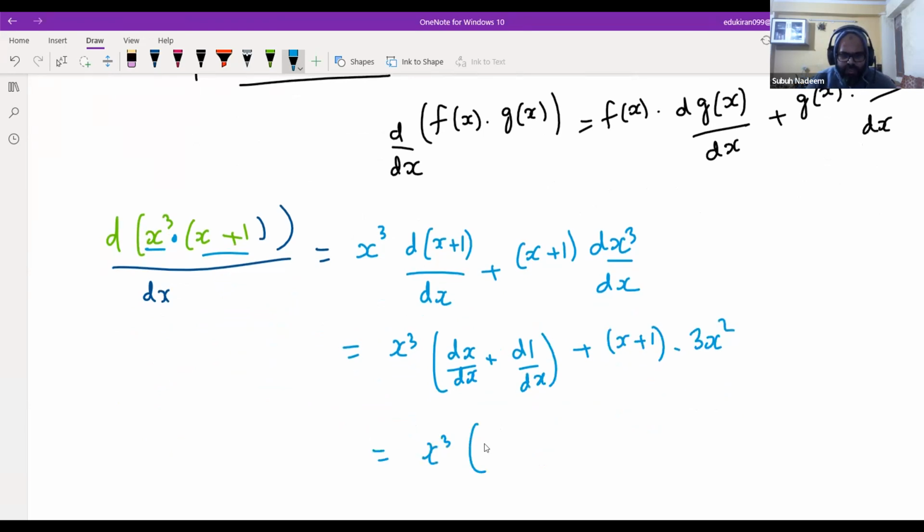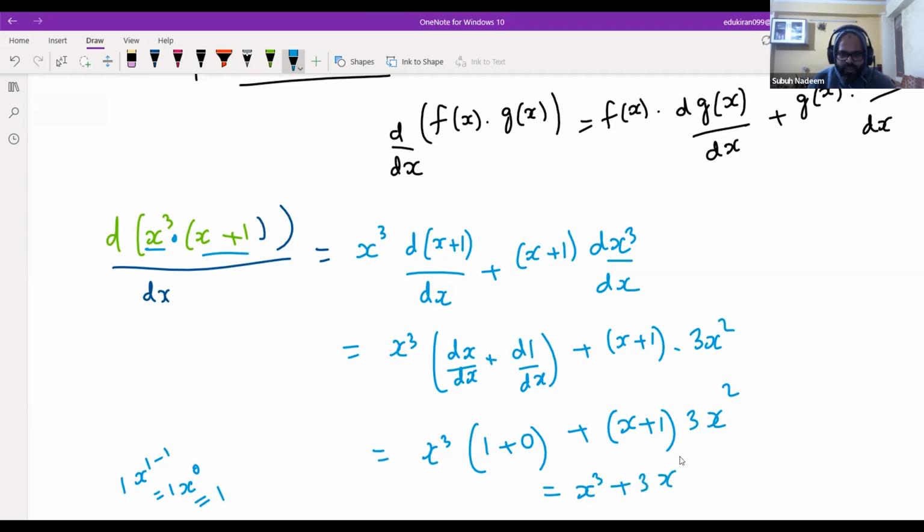The derivative of x is 1, again x to the power n minus 1, that is 1x to the power 0 is 1, and the derivative of the constant is 0. Then plus x plus 1 into 3x square. So x cube plus 3x cube plus 3x square after opening the bracket. So this will be 4x cube plus 3x square. This will be your answer.